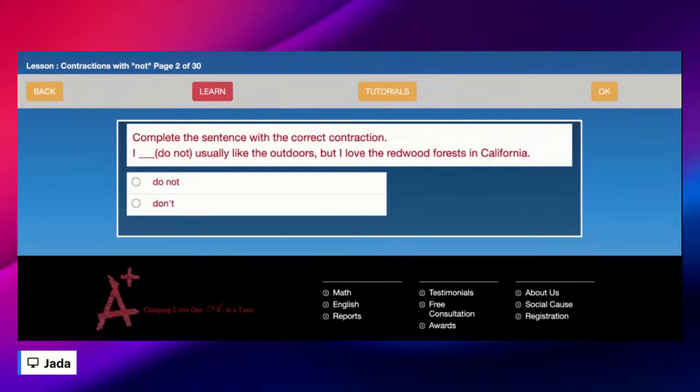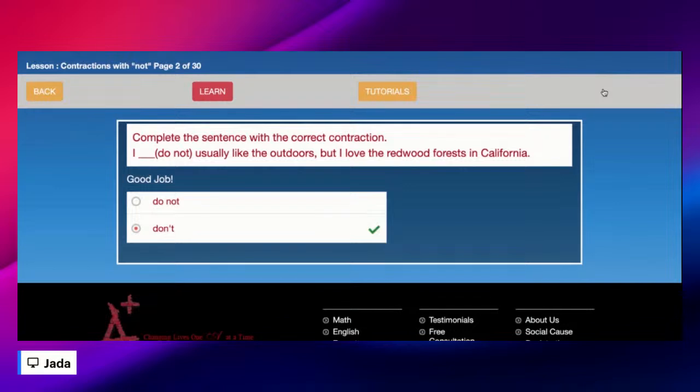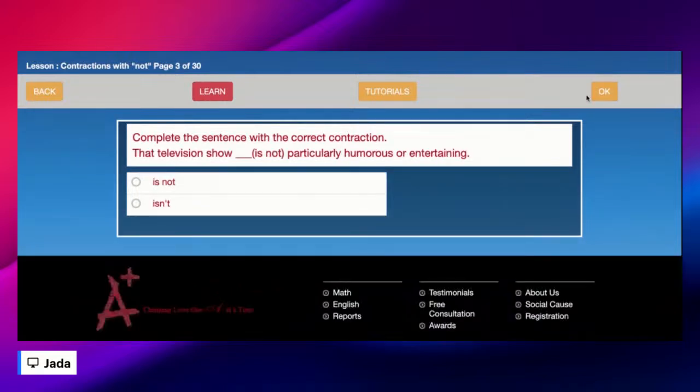All right. So what's the right contraction here? Okay, so option two, don't. The television show dash particularly humorous or entertaining. So is it the first or the second? So what is the right answer here?